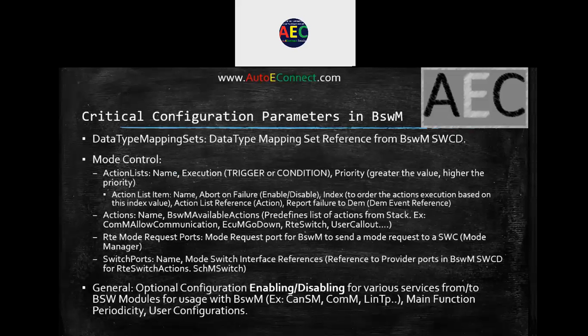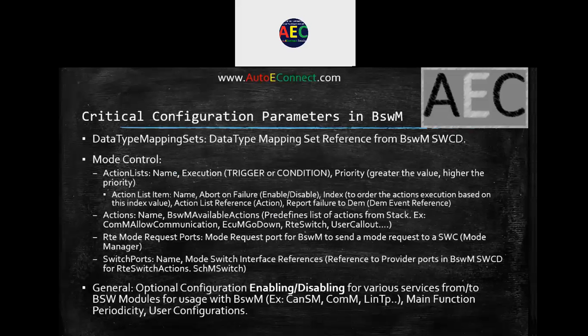Only on a need basis you can enable these things, so that the BswM generates the respective services to make them available to the application layer or not, based on this enabling and disabling option in the general configuration. Based on the enabled options, for example, if I enable COM, the COM will have 3 or 4 kinds of actions that are predefined.